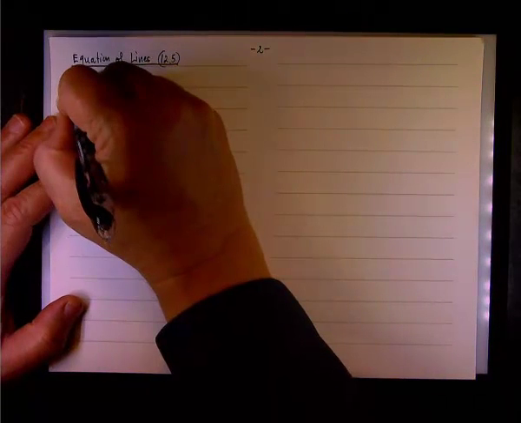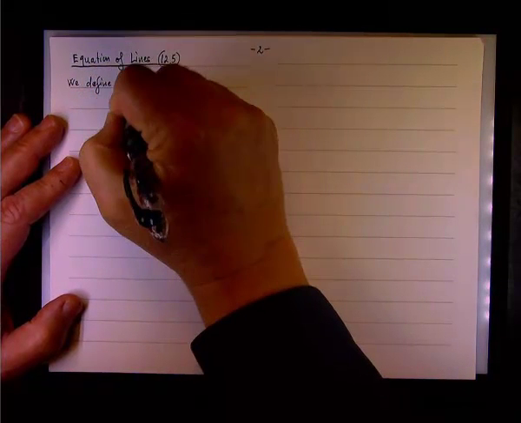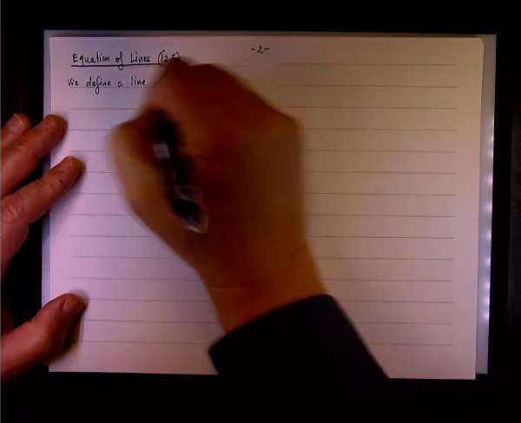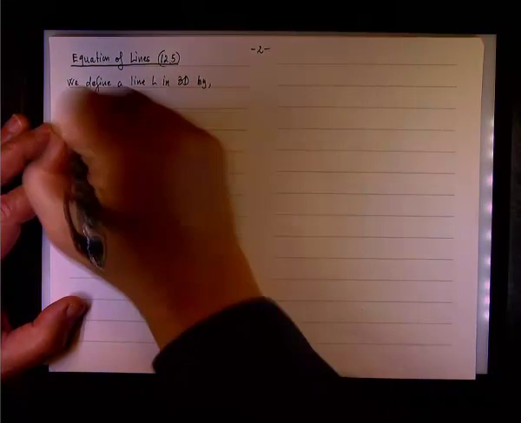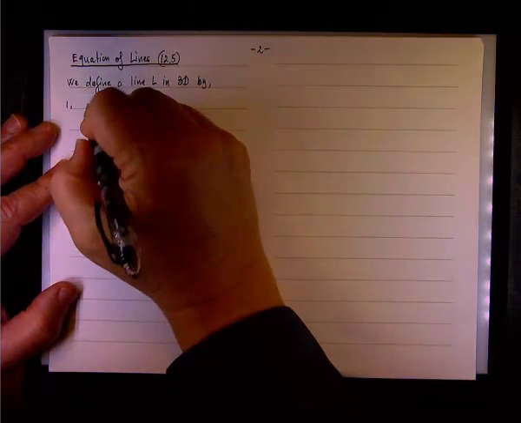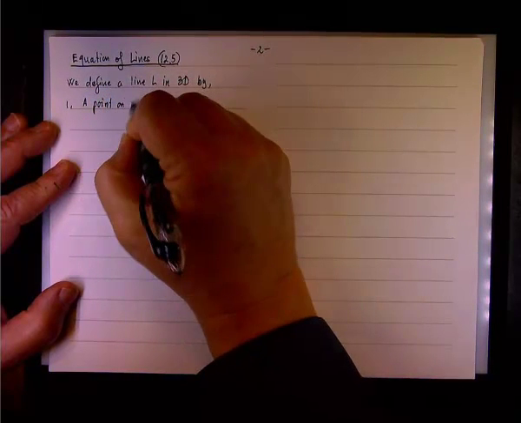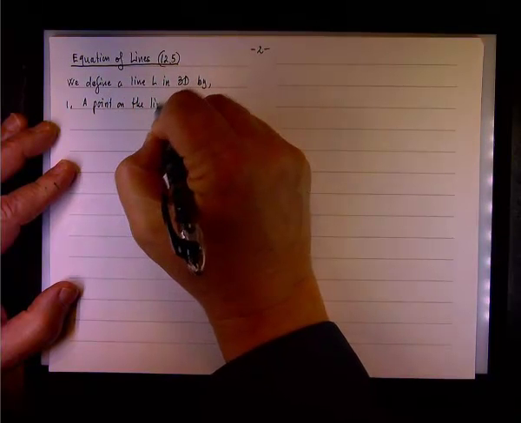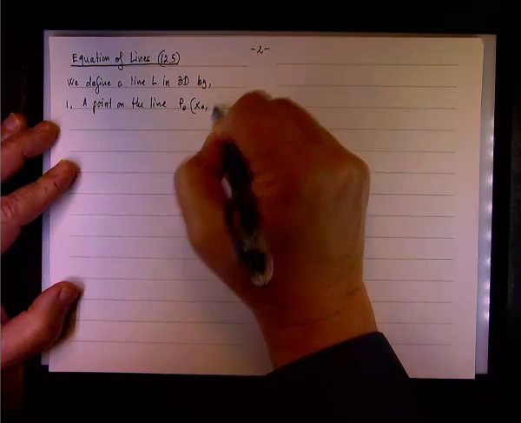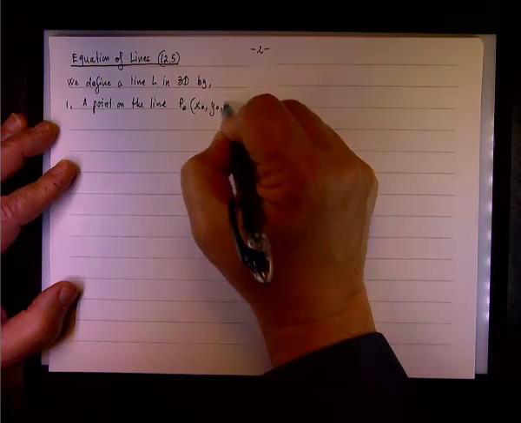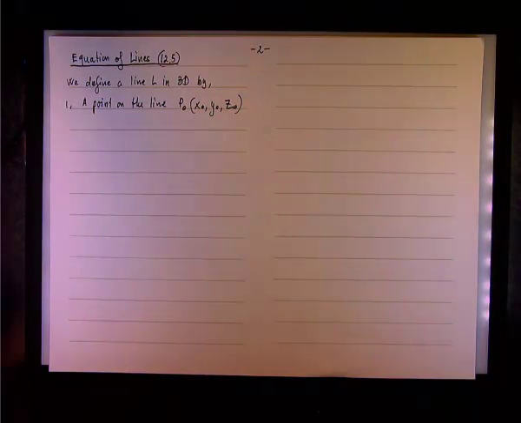So we're going to play with that as I explain how to derive an equation of a line in 3D. So let's write. We define a line L in 3D by, 1, a point on the line, and we say this is a point P sub 0 with coordinates x sub 0, y sub 0, z sub 0.